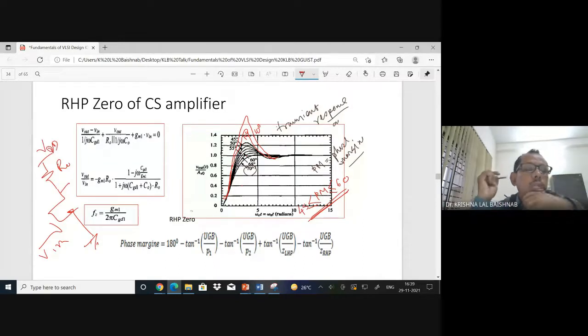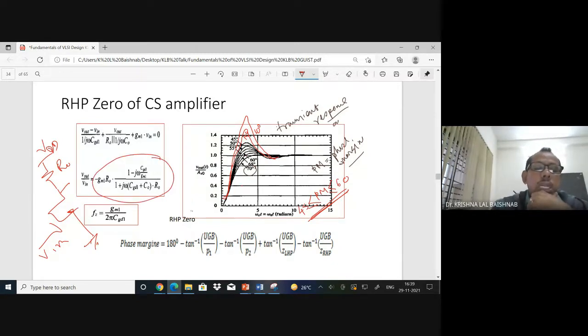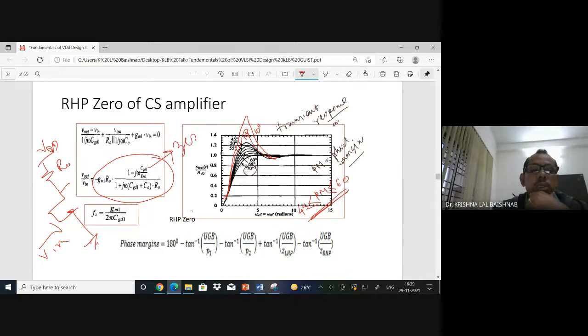This is also an amplifier. But in this transfer function, you see that in the numerator there is one term. This is called a zero. And in the denominator, there is one pole.